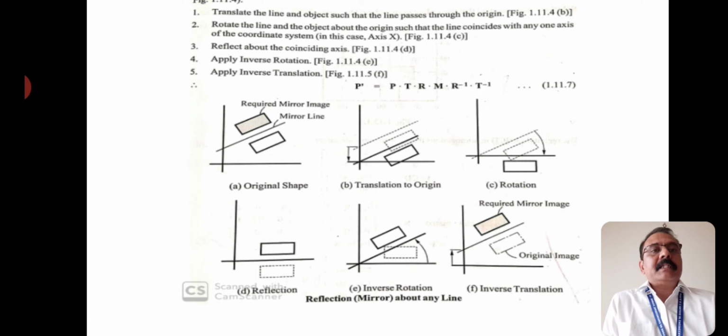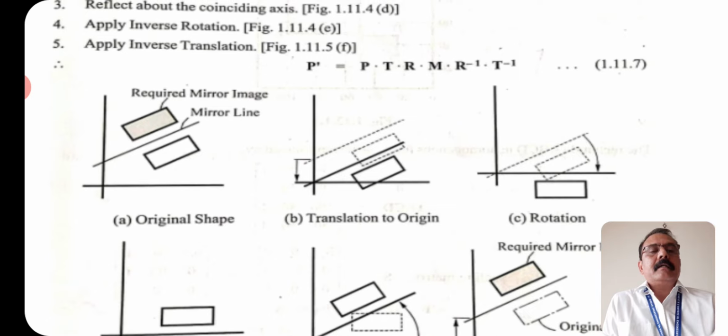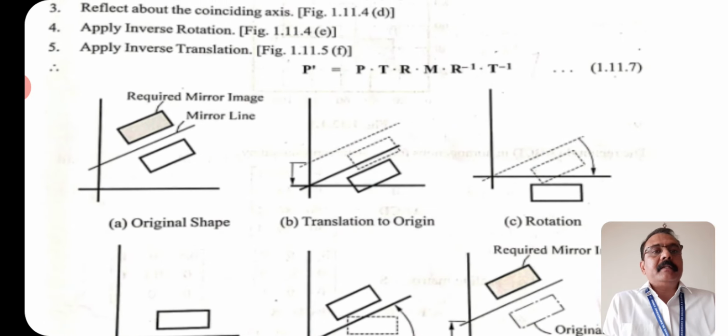The operations are: first translation, therefore capital T, then rotation, then M, that is the mirror matrix, also called reflection, then undo the effect of rotation, that is R inverse, and last undo the effect of the translation transformation, that is T inverse.